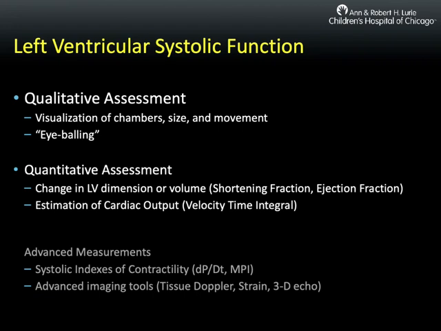Again, the advanced measurements, there are several other ways to assess LV function, including systolic indexes of contractility, looking at something called dP/dT, as well as the myocardial performance index, and other advanced imaging tools like tissue Doppler, strain, and 3D echo, which we will not be covering.